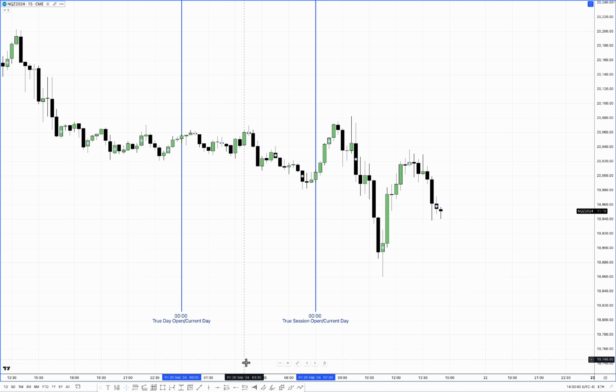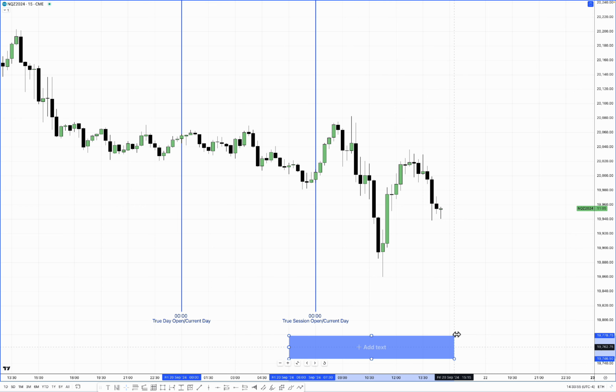The AM session, based on cycles, is from 6 a.m. New York time. Let me mark it out below. 6 a.m. New York time all the way to 12 o'clock. Right there.